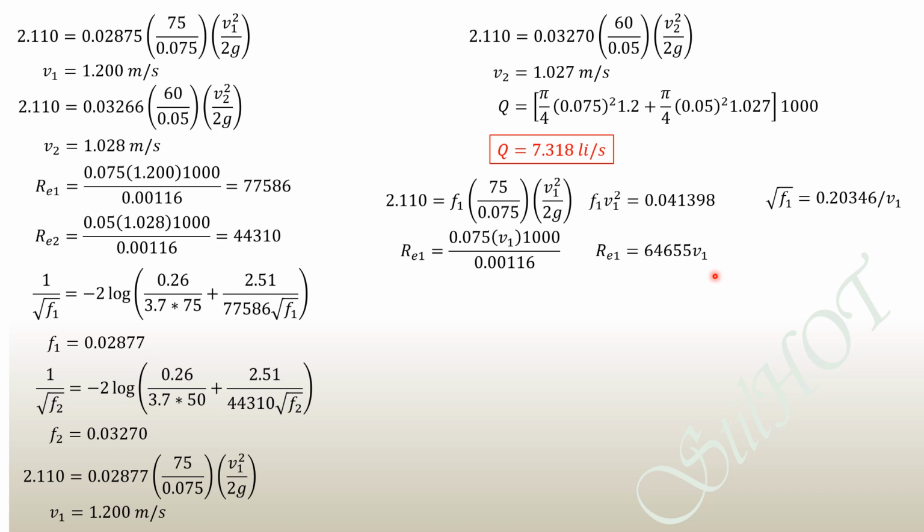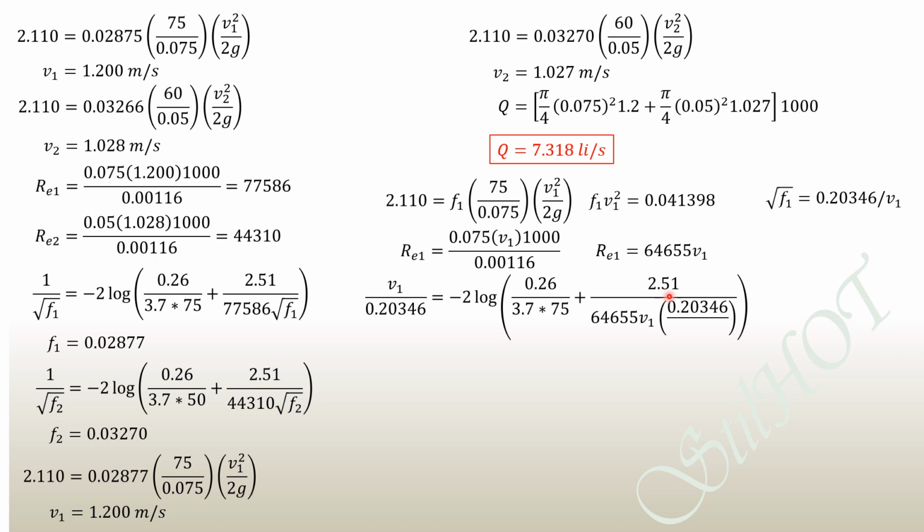Then we can estimate V1 by substituting into the Colebrook equation. 1 over square root of F1 becomes V1 over 0.20346 equals negative 2 log of 0.26 over 3.7 times diameter of pipe 1, 75, plus 2.51 over Reynolds number of pipe 1, 64655 V1, then times square root of F1, which is 0.20346 over V1. So we can cancel V1, evaluate this quantity, and solve for V1 right away.